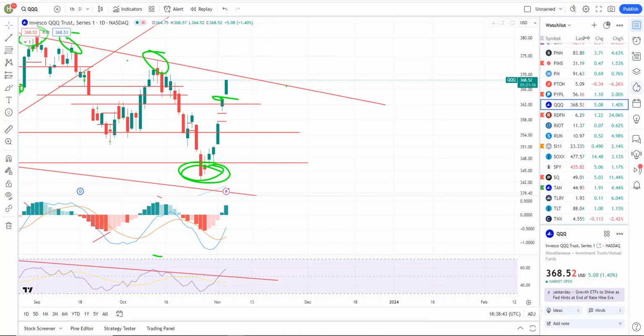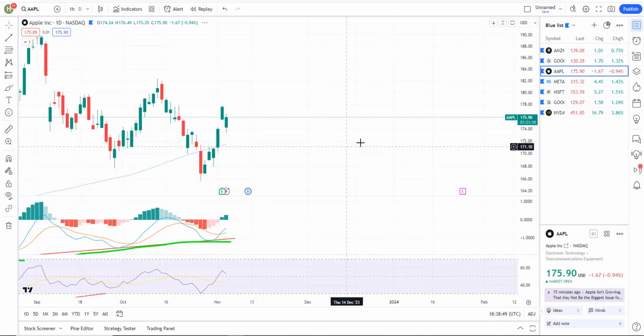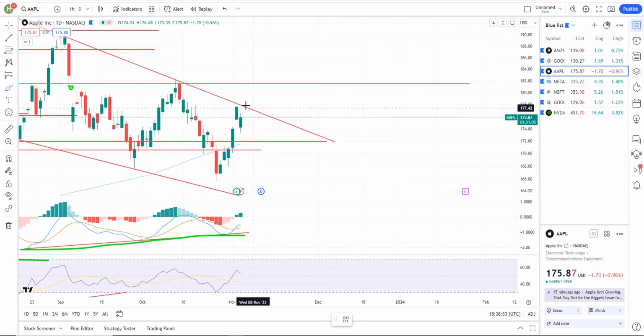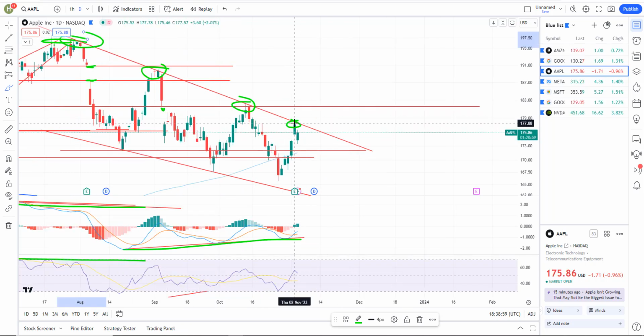One of the reasons why I was looking to short yesterday, if I go over to the FANG stocks, and primarily Apple, you can see here, Apple had rallied yesterday right into resistance. There it is. Resistance, and resistance. So Apple rallied into resistance. It was an objective short on Apple yesterday.